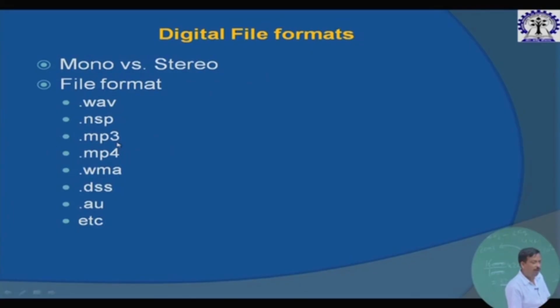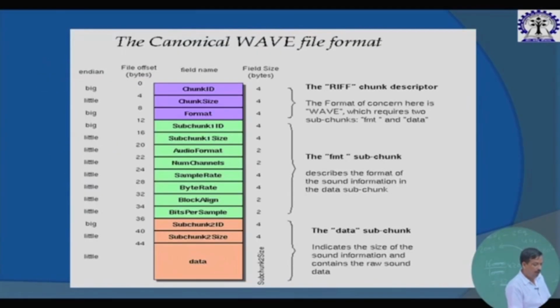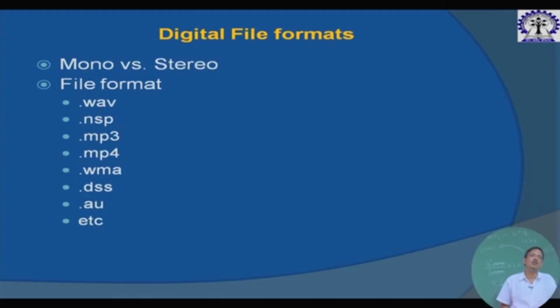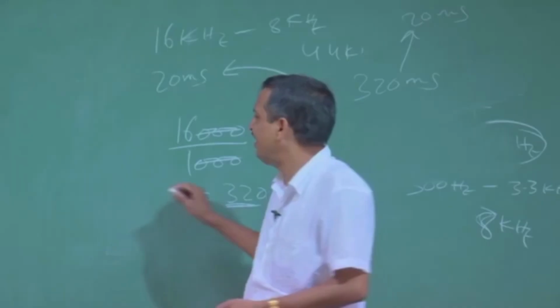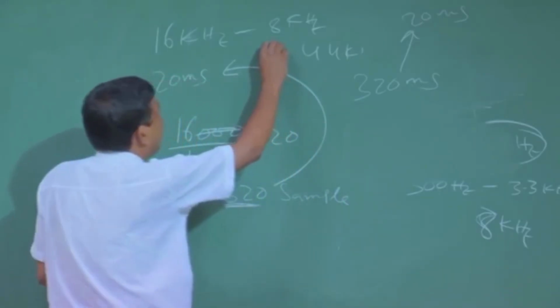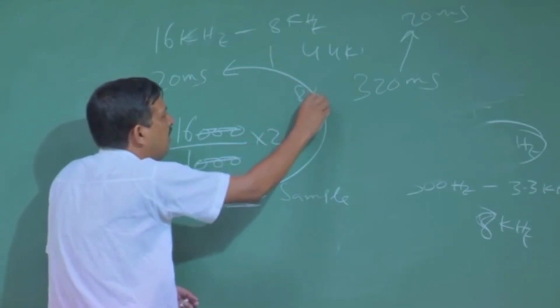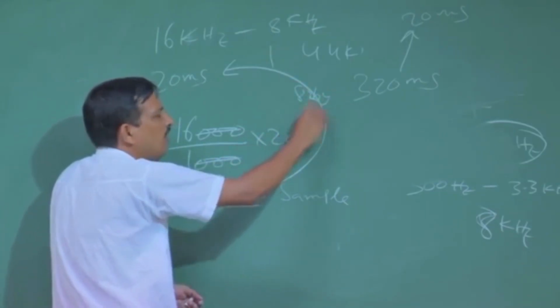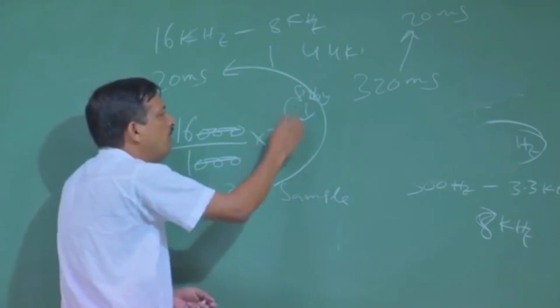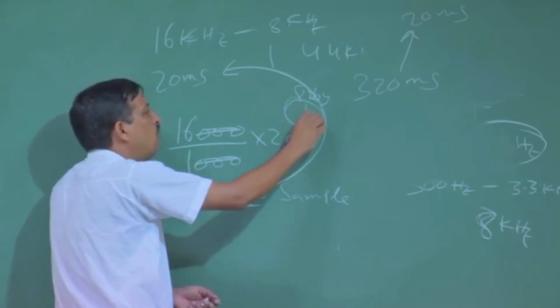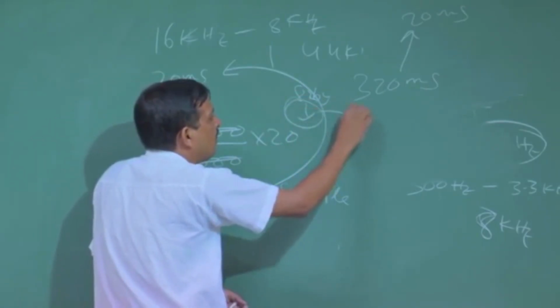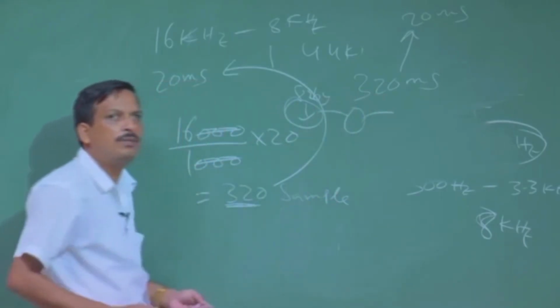So, sound can be stored either compressed or uncompressed. If I store a signal that generates 8 kilobytes in 1 second, I can compress it and store it, and that is the compression technique. And when I want to play the sound, I will decompress the signal and play it.